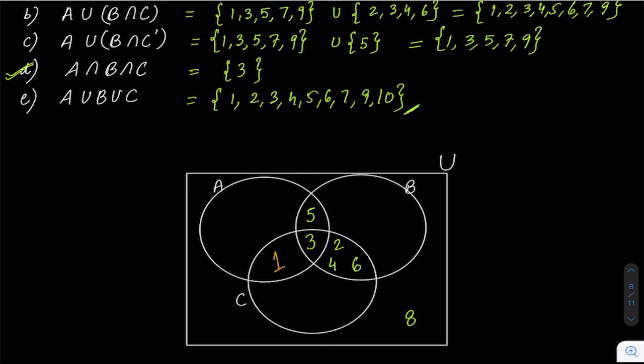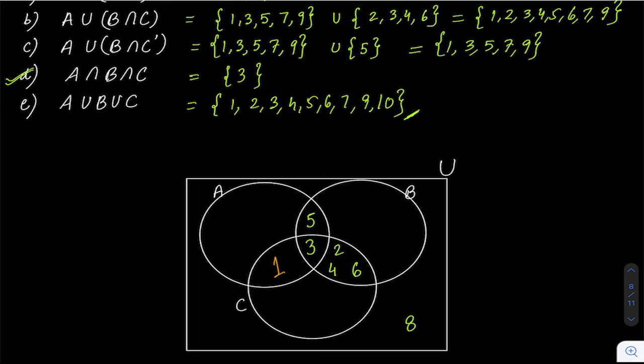So basically what we are trying to do when we fit all the values of the sets in the Venn diagram is, first go for the part that is common in all sets. From there, slowly you can fill all the areas.